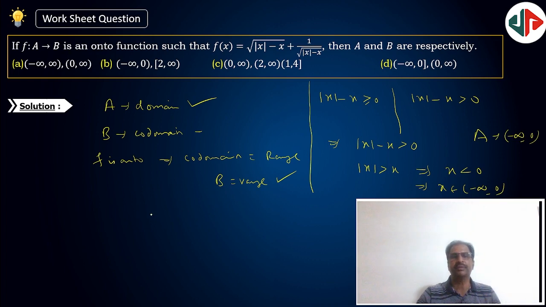Next, what is the range? See, the given function is in the form of x plus 1 by x. These two are reciprocal to each other. So I already told you x plus 1 by x is always greater than or equal to 2, which means the range is 2 to infinity.